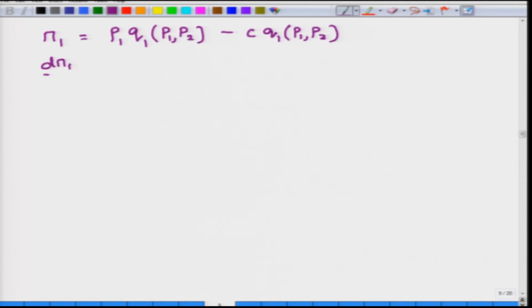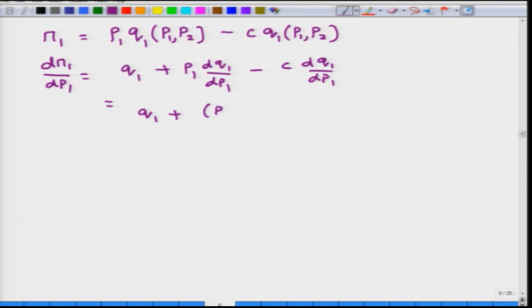So, dπ1/dP1 is essentially, if I take the derivative here, Q1, I am just going to suppress Q1 as a function of P1 and P2, we will put it later just to save space, plus P1 times dQ1/dP1 minus C times dQ1/dP1, which is the same as Q1 plus (P1 minus C) times dQ1/dP1.